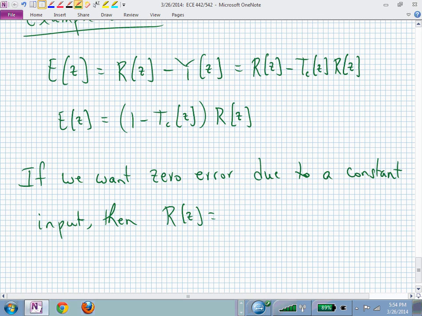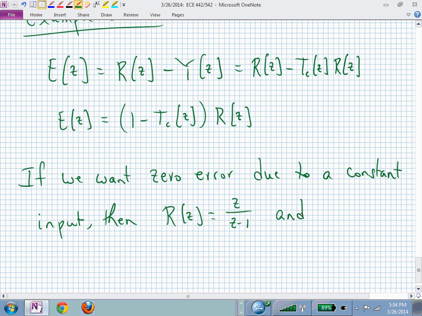What's capital R of z in terms of ratio of polynomials of z? Do you remember?